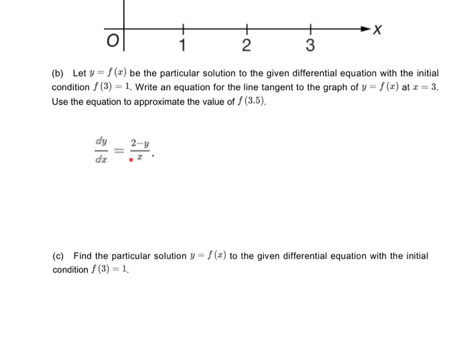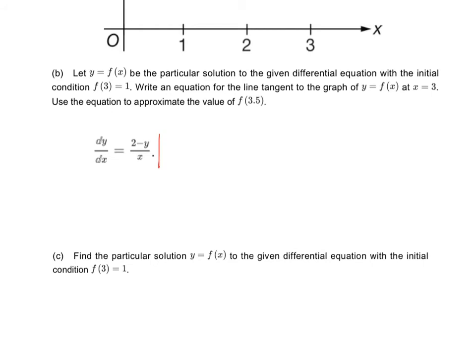So this is the slope of the tangent line at any given point (x, y). If we want the equation for the tangent line, first we need the slope of the tangent line, and we can do that by just plugging into this.